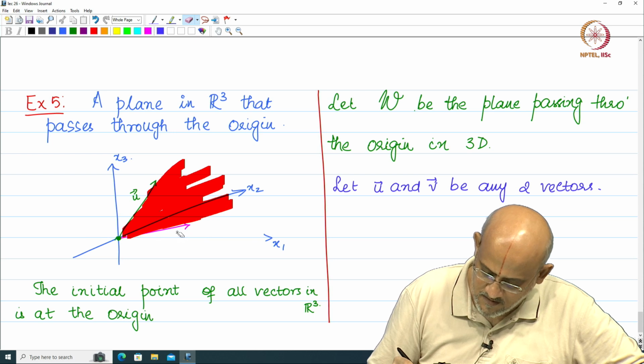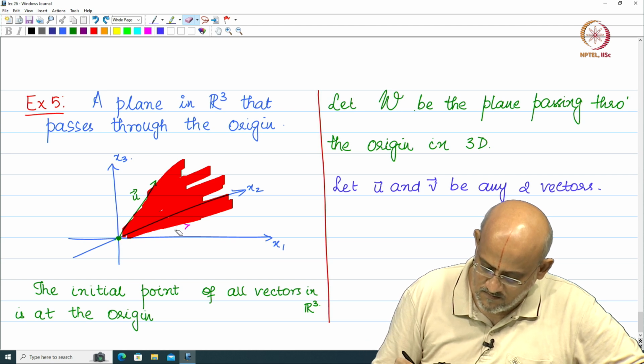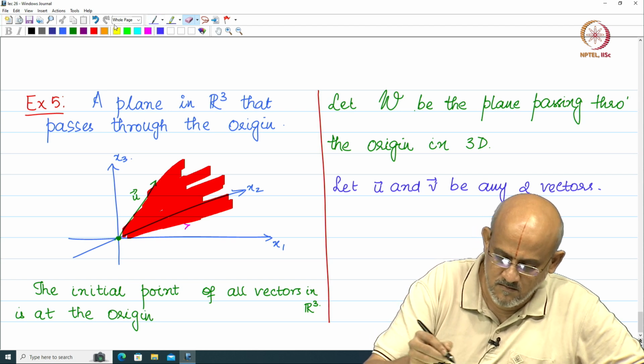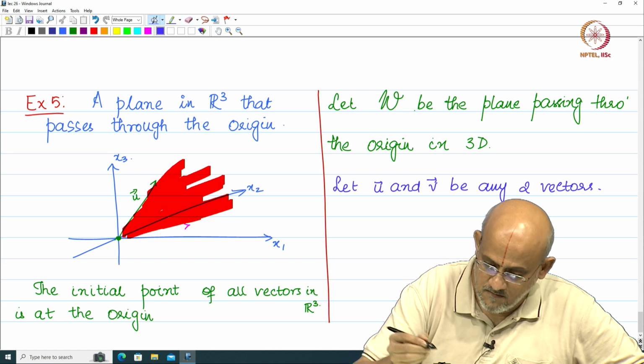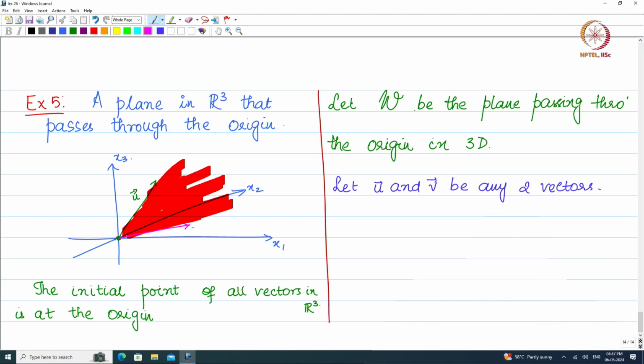Let me call this the V vector, big deal. So, let us take x and y be any two vectors on the plane, right, on the plane.